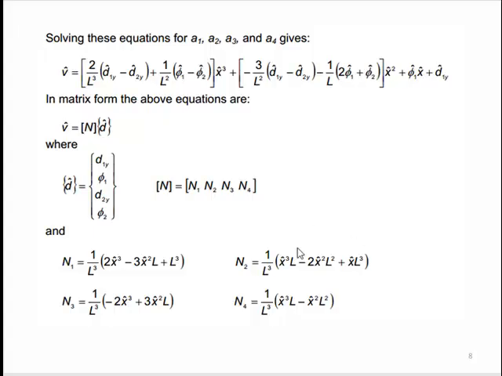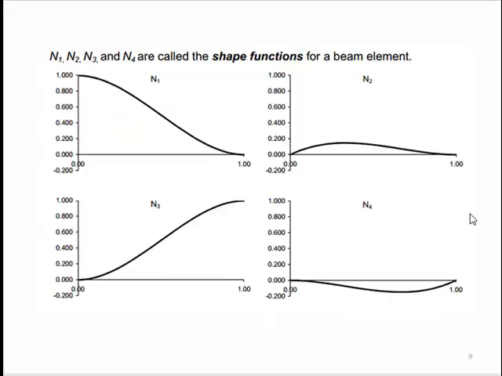There are no other mathematical steps involved. All right, and this is the graphical form of these shape functions n1, n2, n3, and n4 for the beam element.